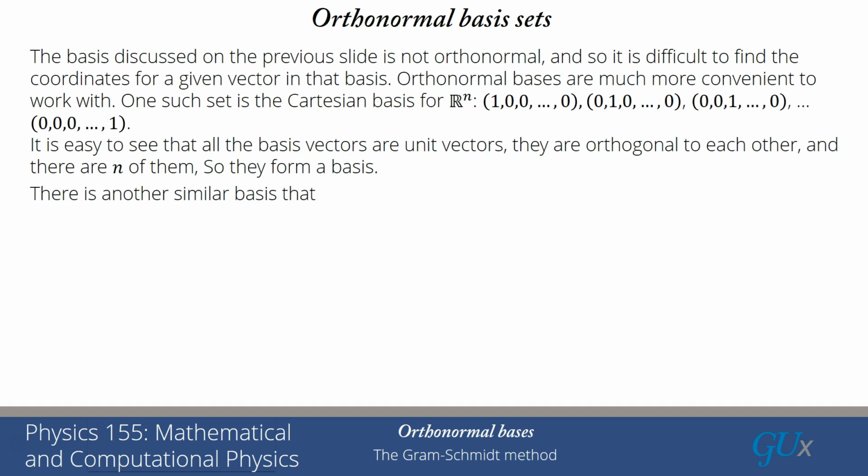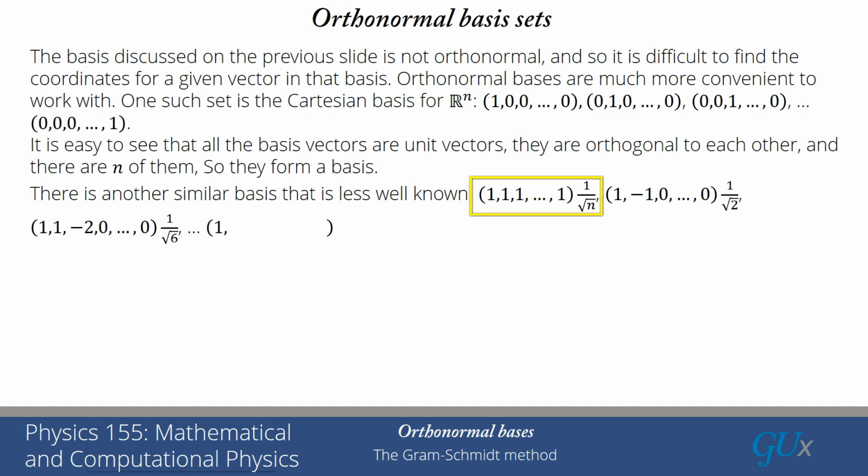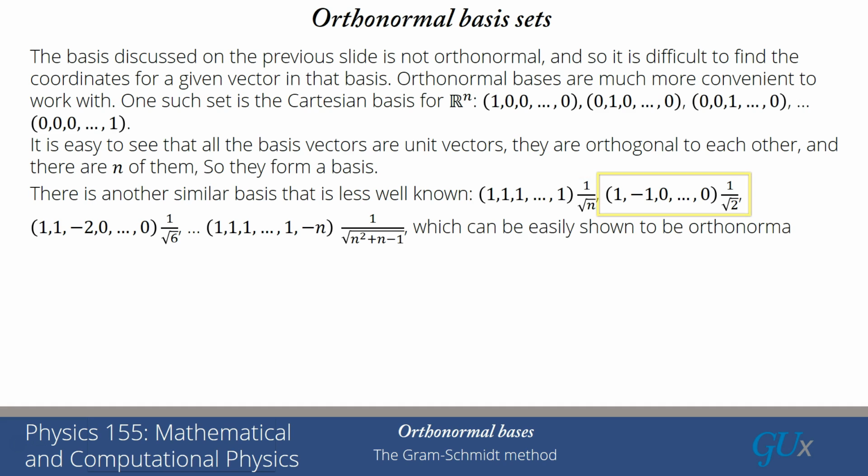So there's another similar basis that is less well known, and I want to introduce it to you. It starts with the first basis vector being the set of all 1s multiplied by 1 over square root of n in order to make it orthonormal. And then I have to construct n minus 1 vectors that are perpendicular to that, and perpendicular to each other. And so the way I do that is I do 1, minus 1, normalize it.